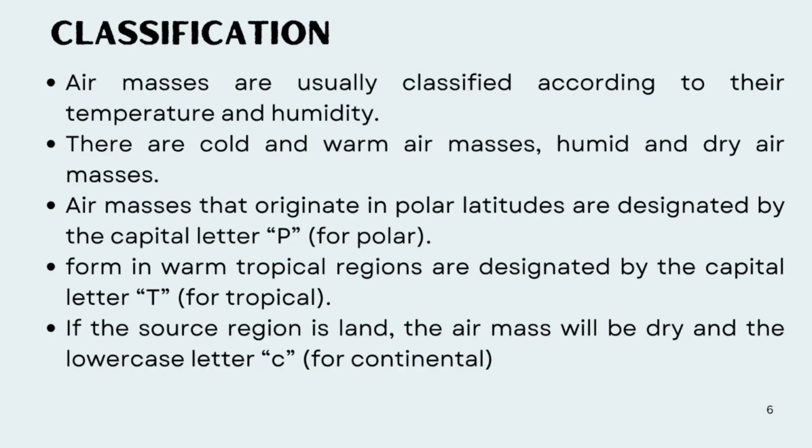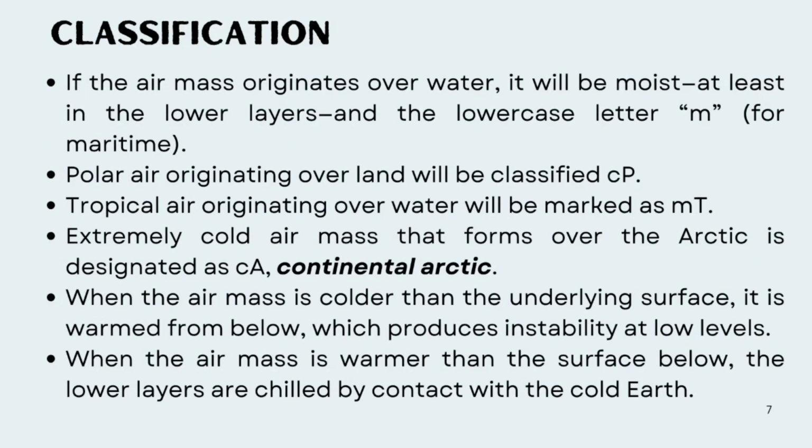If the source region is land, the air mass will be dry, and the lowercase letter c, which stands for continental, precedes the P or the T. If the air mass originates over water, it will be moist, at least in the lower layers, and the lowercase letter m, which stands for maritime, precedes the polar or the tropical.